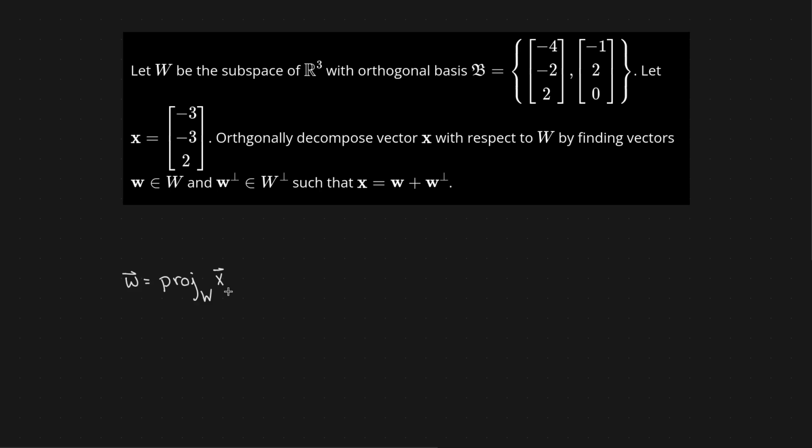To find the projection of a vector onto a subspace, we need an orthogonal basis. Fortunately, the problem gives us one. Basis B is already an orthogonal basis. So all I'm going to do is take the dot product of vector x with the first vector here. I'm going to call the first vector f1 and the second vector f2. Let's find the projection onto vector f1 first.